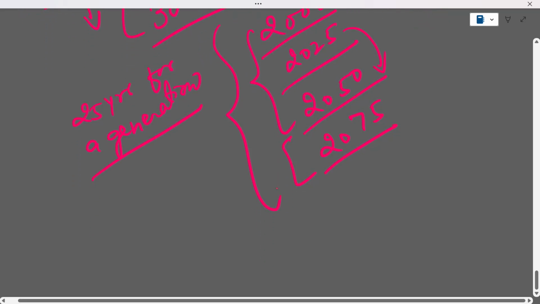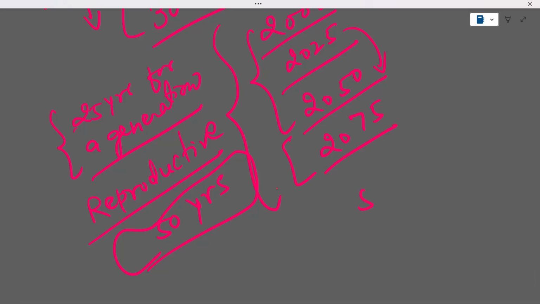This is the reproductive span of the human species: 25 years for a generation. I'm not talking about multiplication of individuals, but generations. So in 50 years, we have crossed only 2 generations.